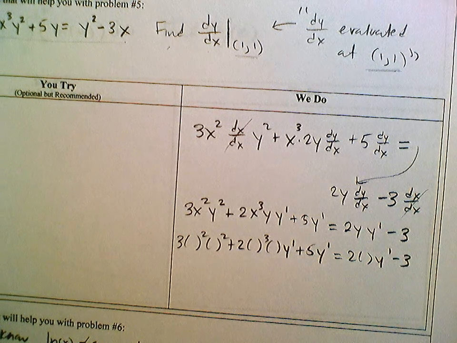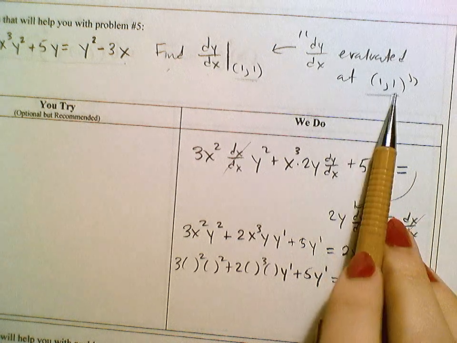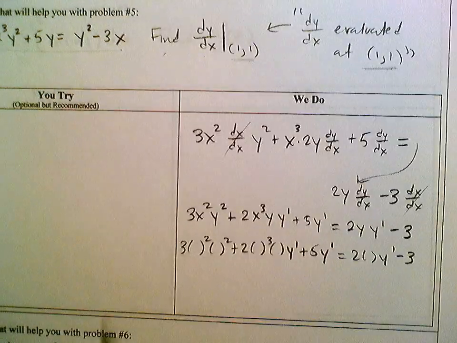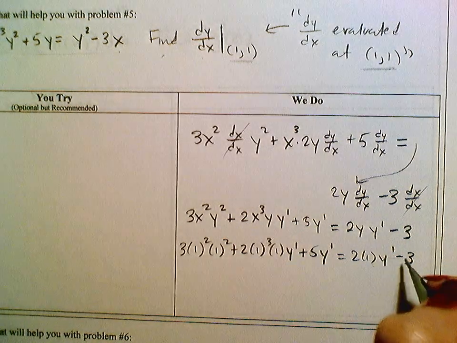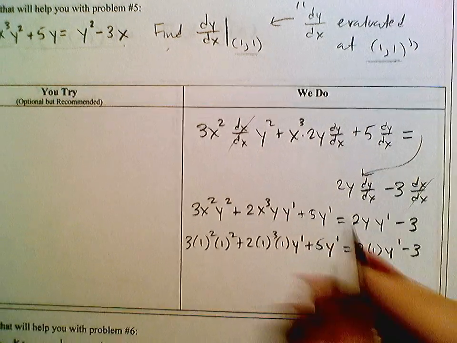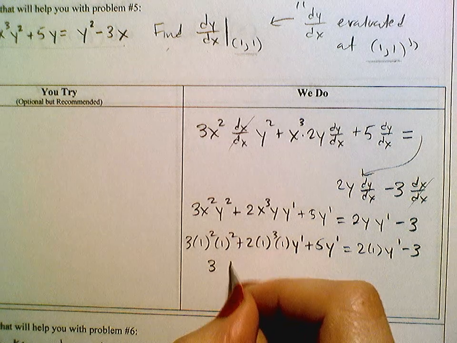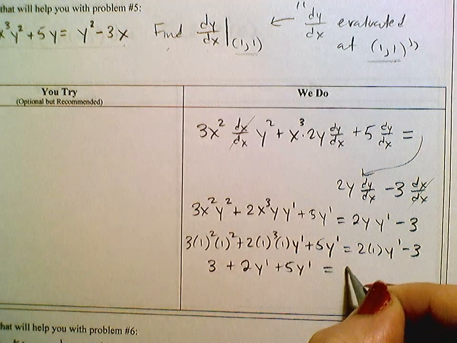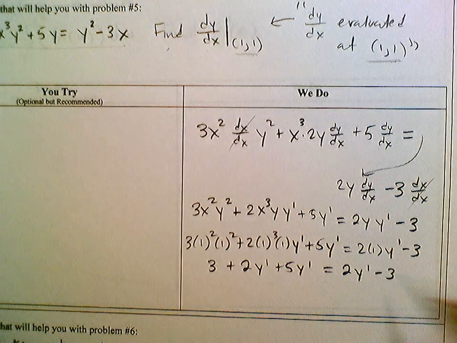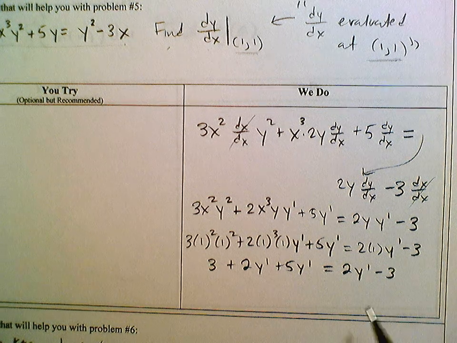Okay, so I'm putting placeholders in for everything. Now the good news about this is that x and y are the same, so 1 is just going in for everything. So this is just 3 plus 2y prime plus 5y prime equals 2y prime minus 3. Okay, so I've got to solve for y prime.